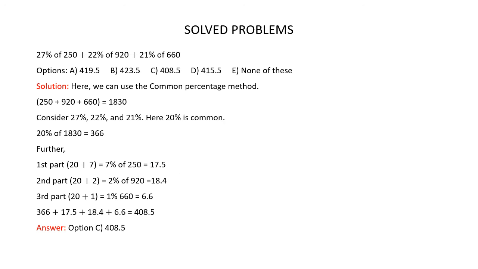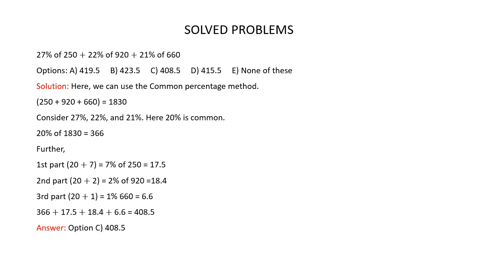Look at the second part, 22% of 920. 22% can be written as 20% plus 2%. Here you have already found out the value of 20% of 920. So you now only have to find the value of 2% of 920, which is 18.4.